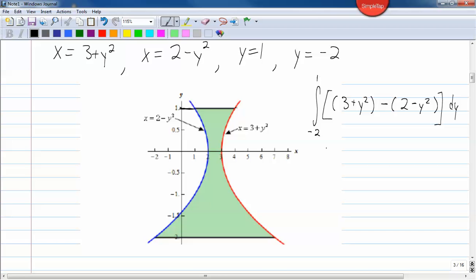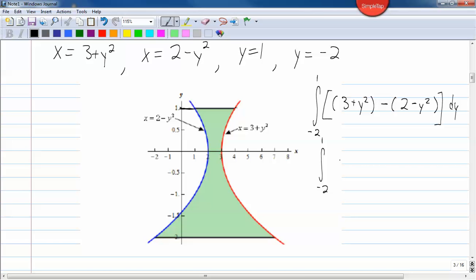So I would suggest, and I have had some students in the past, they'll just start integrating. I mean, if you can do some algebra in here, just some combining like terms, it's going to make your life easier. You don't have to integrate each term separately, because you can say 3 minus 2 and then y squared plus y squared.